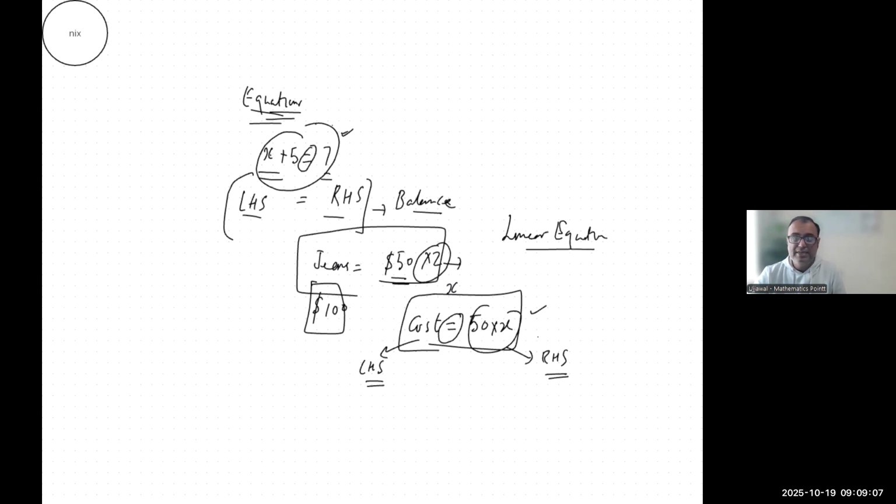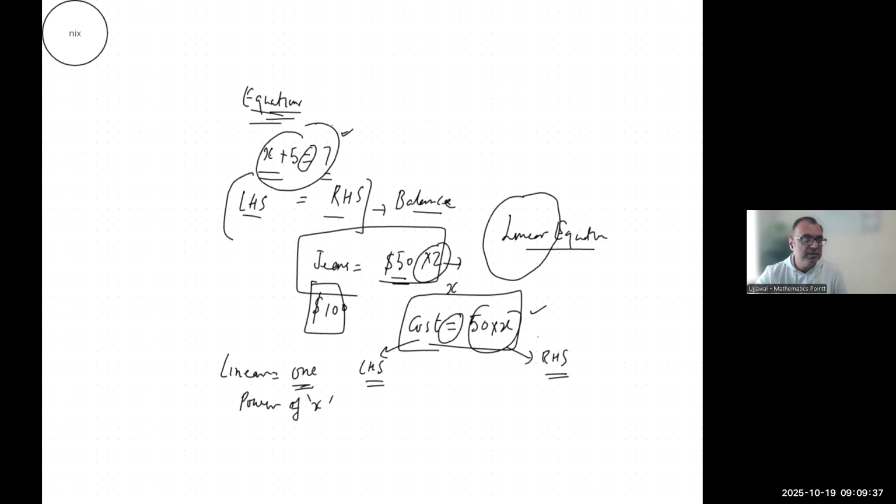Now, as we did in the very first lesson a few months back, what do you mean by linear equations? Linear means one. But what is one? One is the power of x, the power of the unknown variable. In this scenario, I call it x.